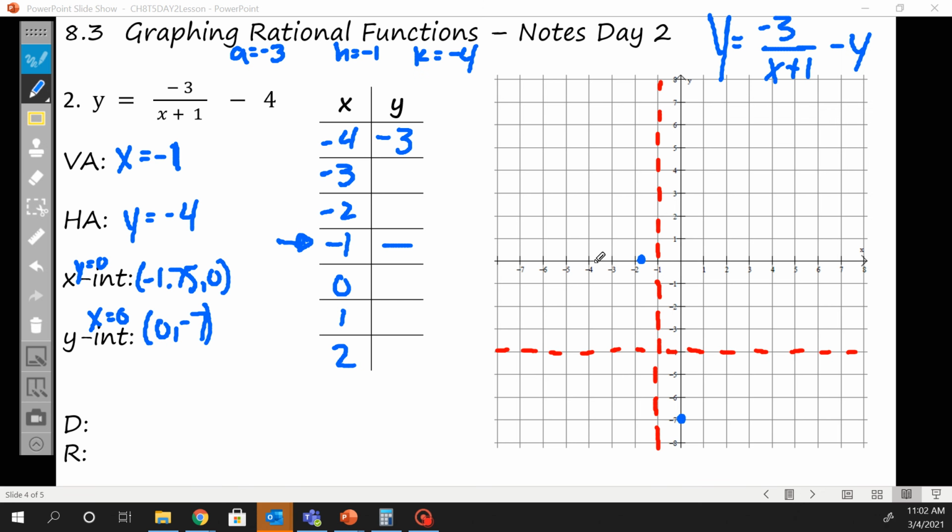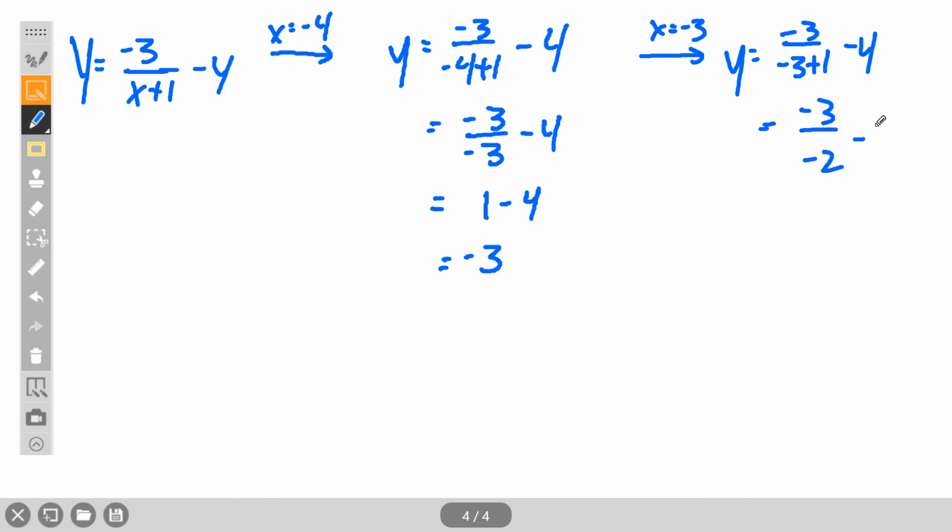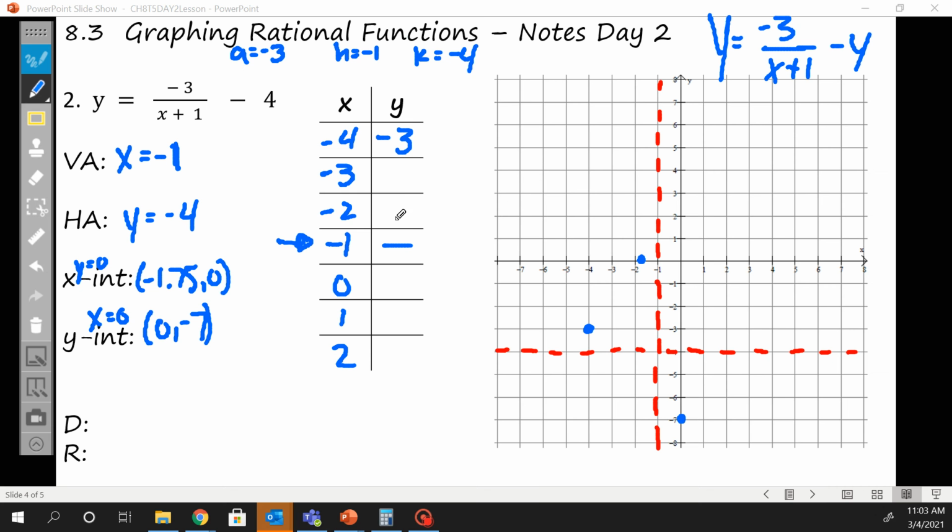So negative 4, negative 3 is right here. Next, we'll plug in negative 3. So y equals negative 3 over negative 3 plus 1 minus 4. Negative 3 over negative 2 minus 4. So that's 1.5 minus 4, because that's 3 halves, which is 1.5. Which is negative 2.5. So negative 3, negative 2.5, which is right here.